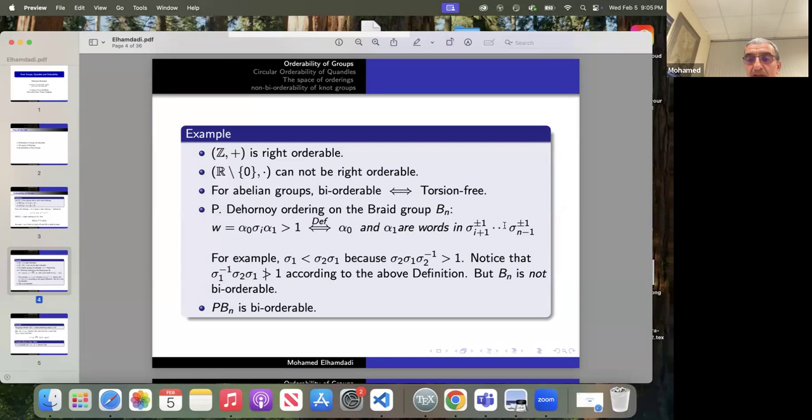He also proved that the braid group is not bi-orderable. Now, the pure braid group is orderable. These are some examples of orderability on groups.